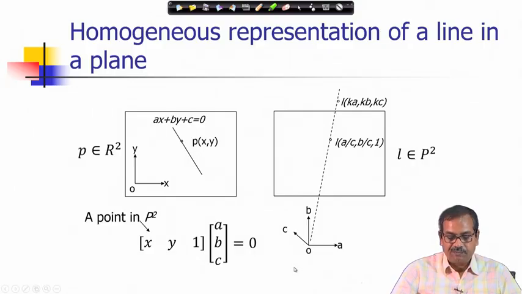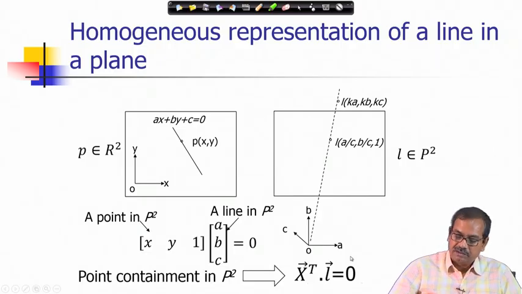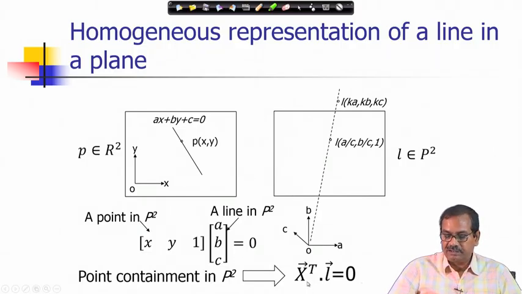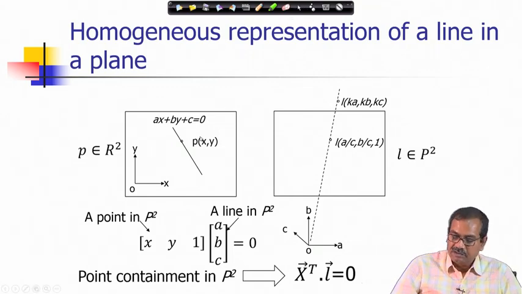In a simple form, I can represent this as a point containment relationship. It is the transpose of the column vector of the point x, multiplied with the column vector representing the line, and that is equal to 0, which essentially represents the straight line equation.